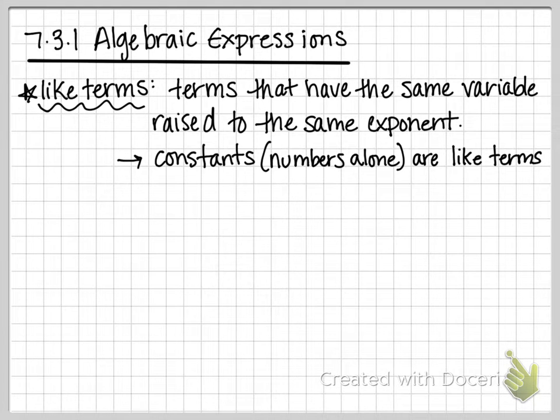Okay, constants are like terms. So a constant is just a number without a variable. So like 1 is a constant. 10 is a constant. 47 is a constant. It's just a number that doesn't have a variable with it. Constants are like terms because we can combine them to simplify.